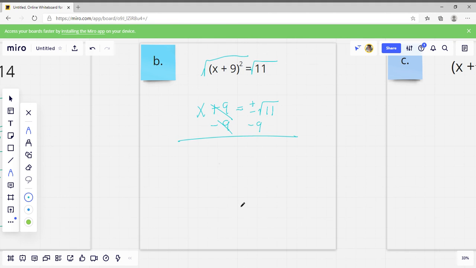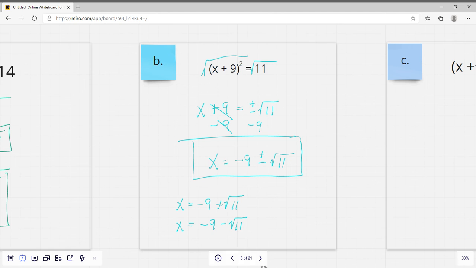Those cancel, and we get x equals negative 9 plus or minus the square root of 11. You could write it like that as the answer. Or you could also write it as 2 answers. x equals negative 9 plus the square root of 11, and x equals negative 9 minus the square root of 11. It means the same thing.